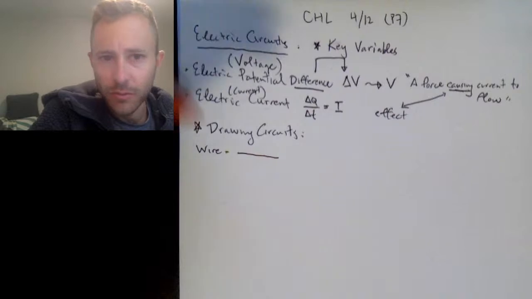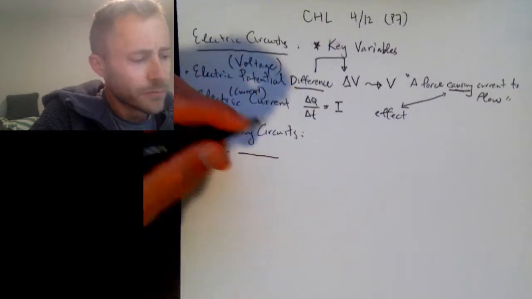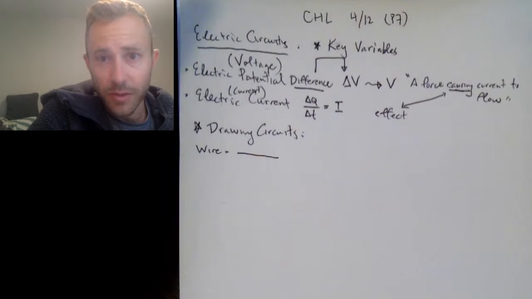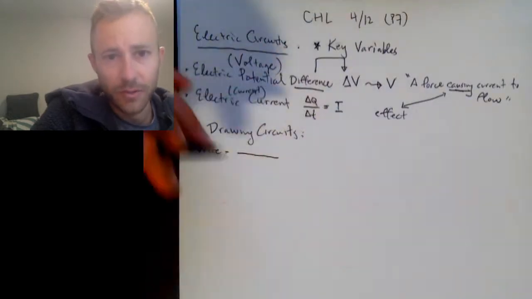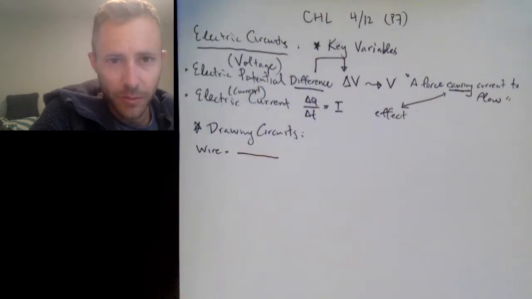It's just drawn as a line. By the way, I think I forgot to say this at the top of the lesson, but this lesson is going to be review of circuits, and then starting with the next lesson, we will get into stuff about circuits that you don't already know if you took my class last year. So this is going to be kind of a review.